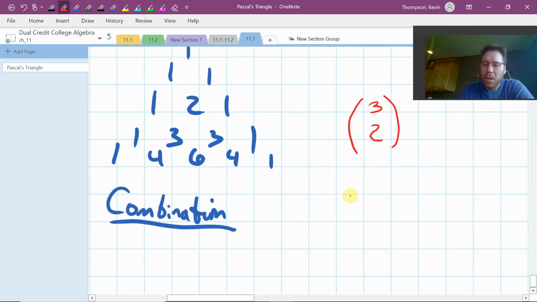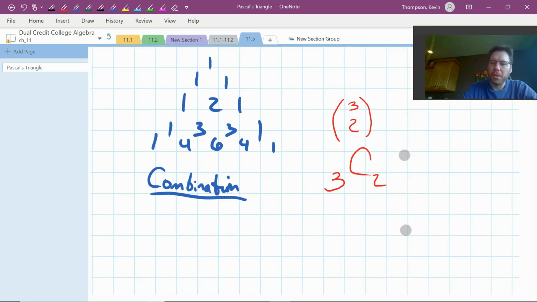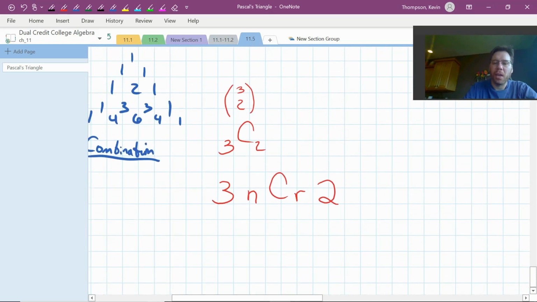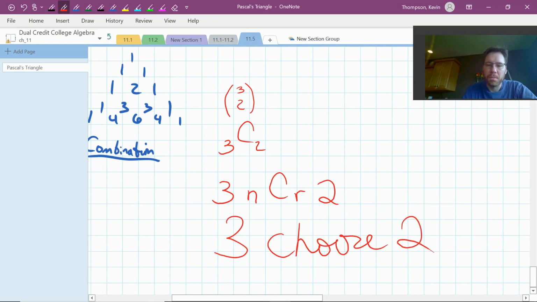It would be, so here's another way it's written. 3 kind of as a subscript, and then we would have this C, like capital C, and then 2 as a subscript. Some of your calculators would think of it this way, 3, and then it would say NCR 2. And all of these are notations that say 3, choose 2.